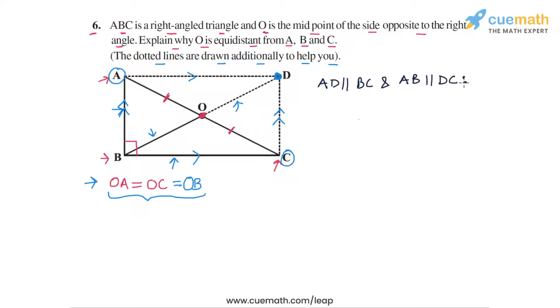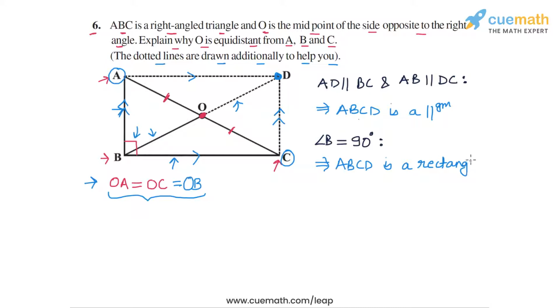So both pairs of opposite sides in ABCD are parallel to each other, and this means that ABCD is a parallelogram. Also, the angle at B is 90 degrees, and this means that all the other angles of ABCD will also be 90 degrees. So ABCD will be a rectangle.